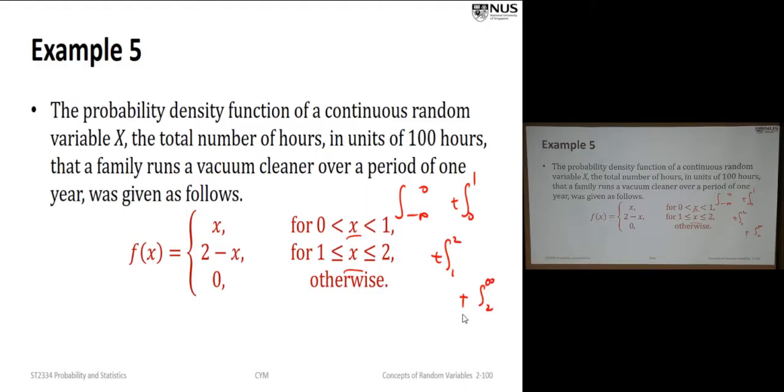There are 4 different integrations to break down the integral from minus infinity to positive infinity. All right, but within minus infinity to 0, the PDF is 0. Within 0 to 1, the PDF is x. Within x between 1 and 2, the PDF is 2 minus x, and beyond that it is 0. All right.